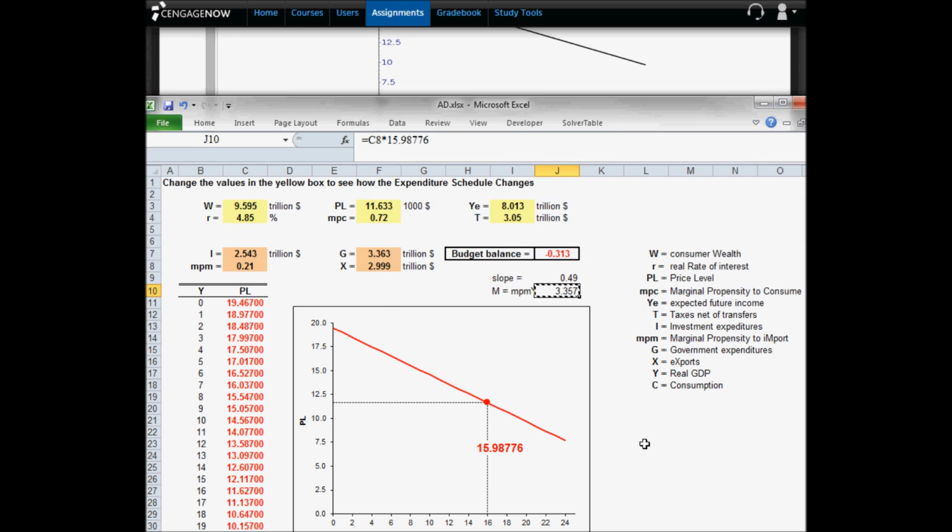Now what about net exports? Remember, net exports equals exports minus imports. So exports totaled $2.999 trillion, and we're going to subtract off the import level, $3.357 trillion, and it's negative.